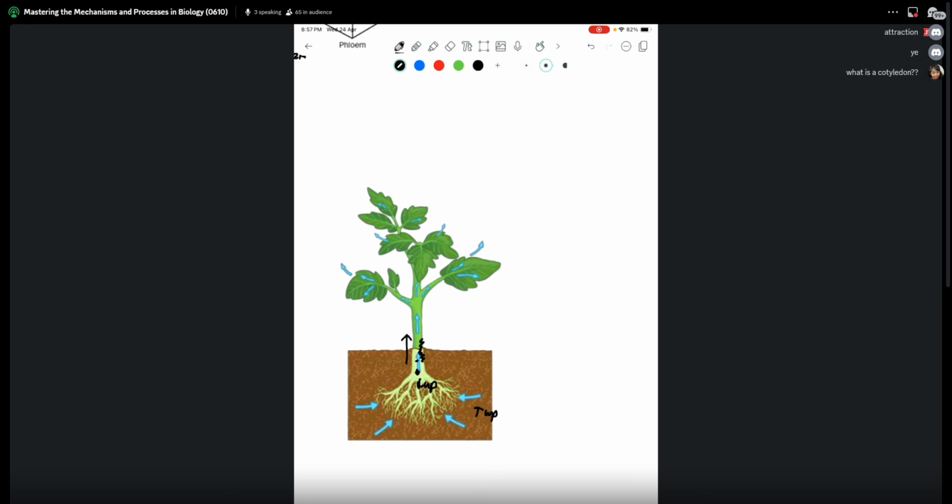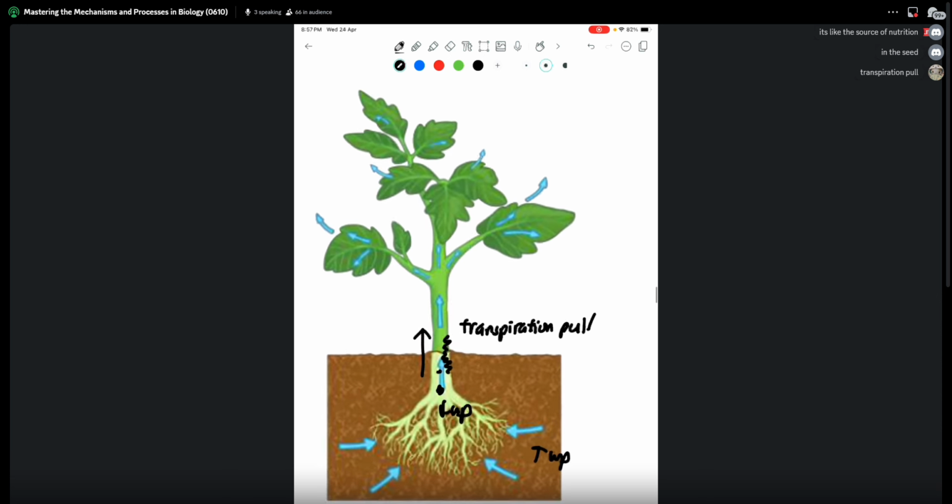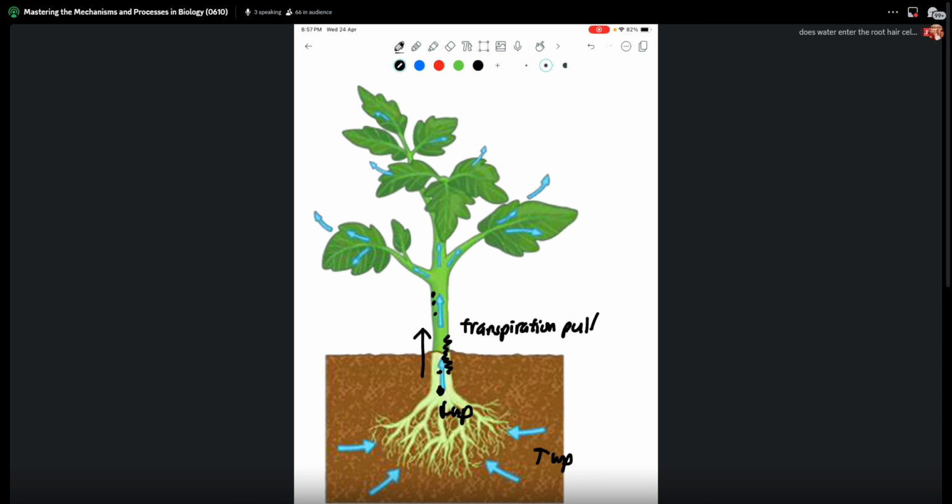You know why? Because when we're going up, we are going against gravity, right? So we need a certain kind of force that helps to pull the water up so that it can go to the different organs in the plant. So this is the transpiration pull. Then it will draw a column of water molecules, meaning water molecules are almost lined up on the wall and go up.